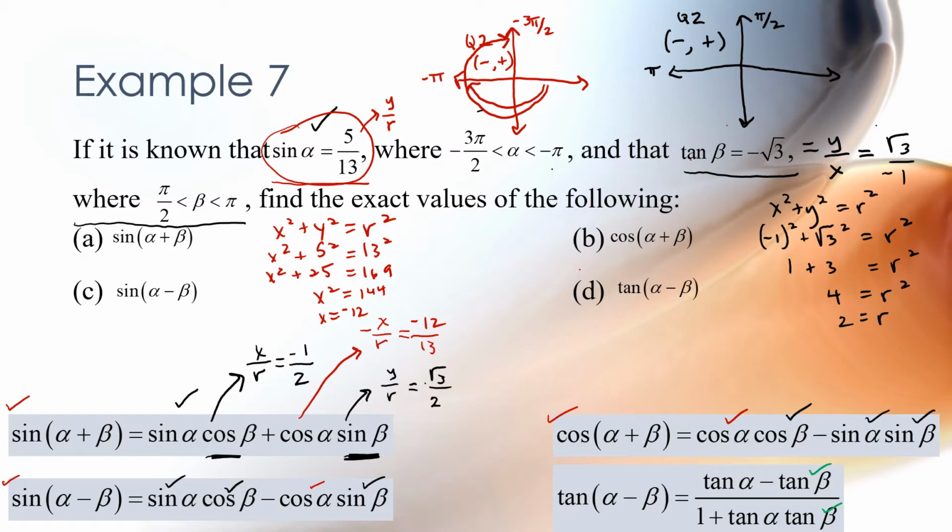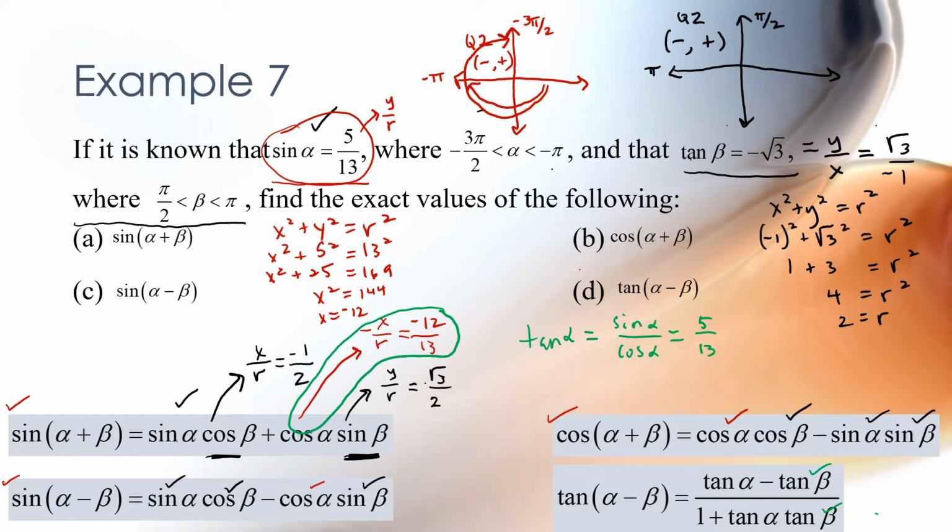But the tangent of alpha is simply the sine of alpha over the cosine of alpha. Well, the sine of alpha was given to us as 5 over 13. And the cosine of alpha, do we know that? The cosine of alpha, we said right here, is equal to negative 12 over 13.